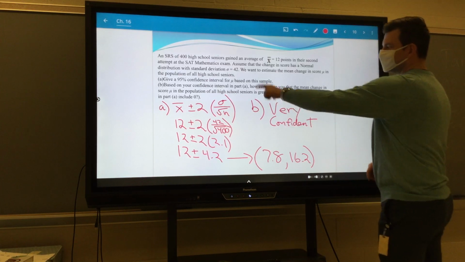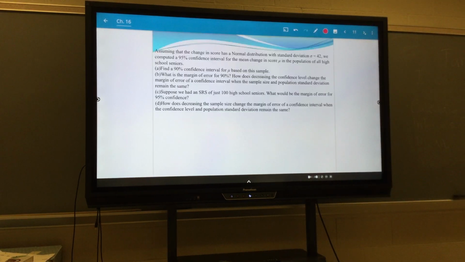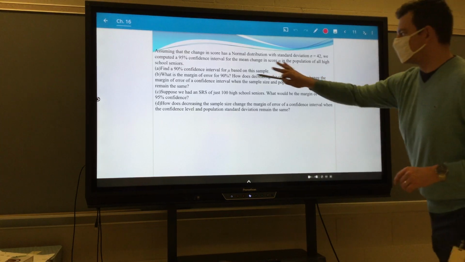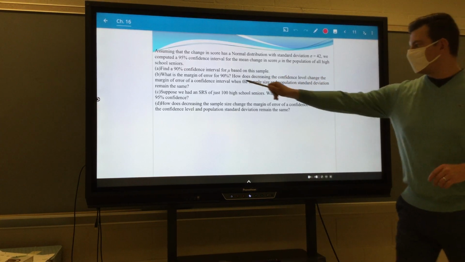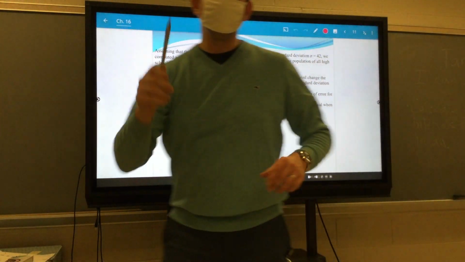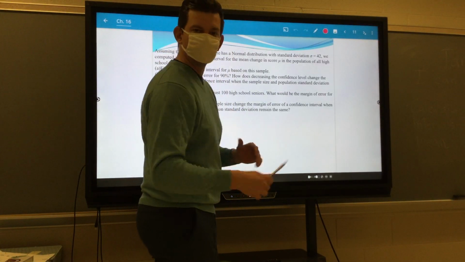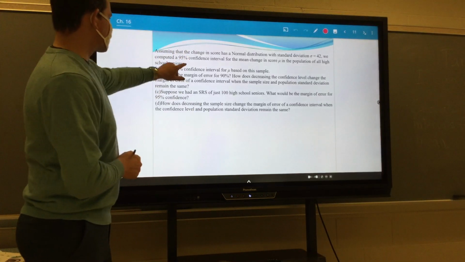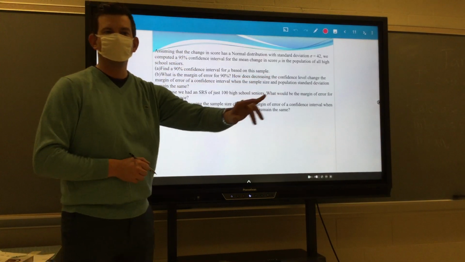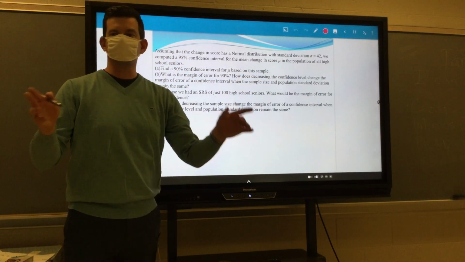All right, now let's manipulate this a little bit. Same numbers here, but now it wants us to find a 90% confidence interval and compare it to what we just got. So slightly less confident. What do you think is going to happen here?